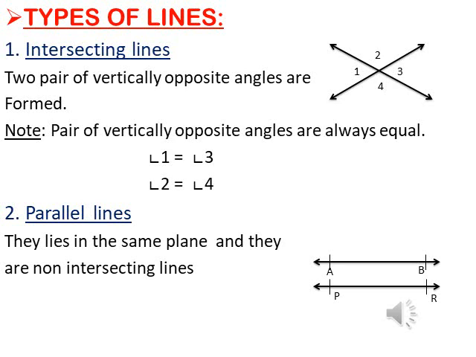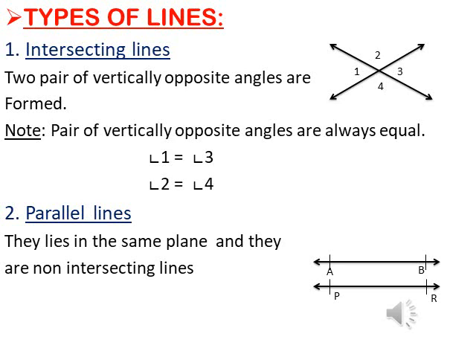And here we are getting two pairs of vertically opposite angles, that is angle 1 is vertically opposite to 3 and angle 2 is vertically opposite to 4. And we know that vertically opposite angles are equal and that we have already proved. So angle 1 equals 3 and angle 2 equals 4.